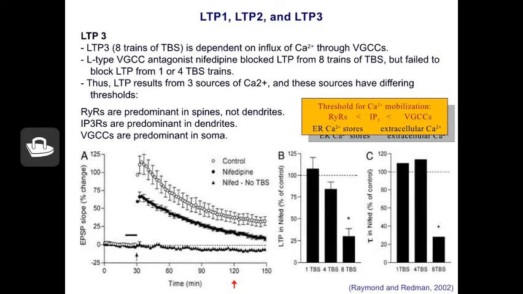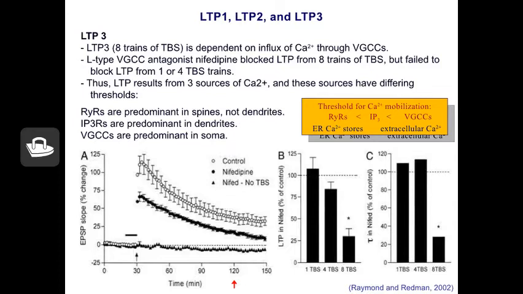Ryanodine receptors must have higher affinity for the calcium that activates them, so one train of TBS, of theta burst stimulation, is adequate. Then the inositol triphosphate signaling mechanisms have lower affinity for calcium, so it takes more trains of stimulation to activate them.